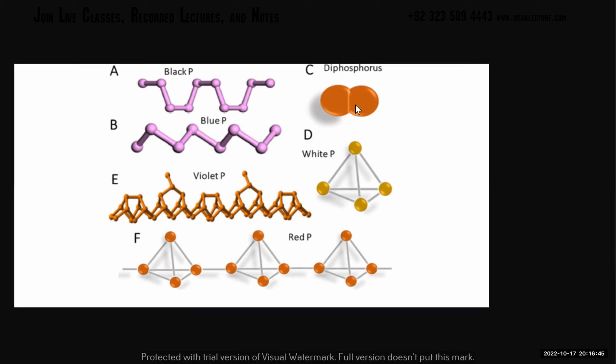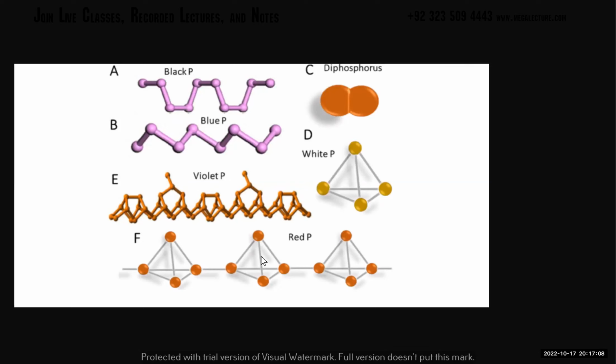There's a thing called white phosphorus, which is this one. That's P4. That's the one that we talked about. There's blue phosphorus, there's black phosphorus, there's other arrangements, there's red phosphorus. The more common ones, when you talk about phosphorus, are usually the white phosphorus and the red phosphorus. All of them will have different melting and boiling points.